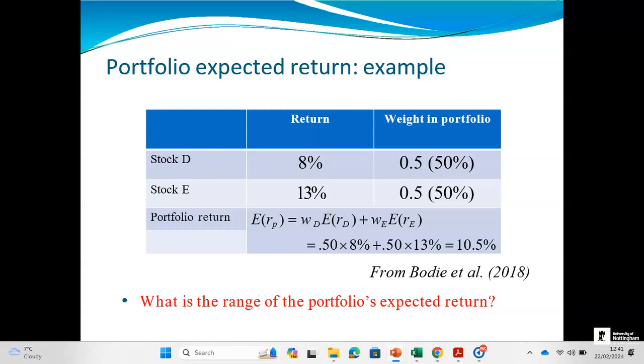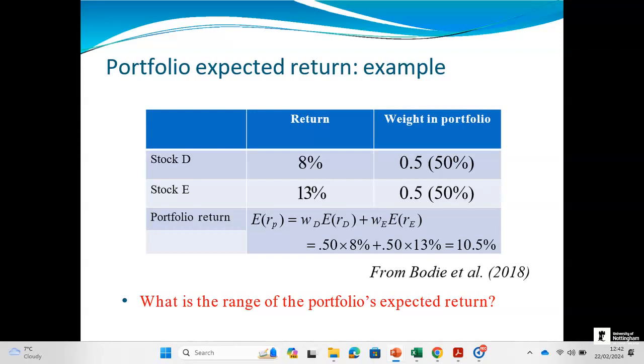You can create an enormous number of portfolios, right? How can you create an enormous number of portfolios using these two assets? By simply changing the weight, right? So you can have 1% in D and 99% in E, and then 2% in D and 98% in E, and then 14.5% in D and the remaining in E, right? So you can create a large number of portfolios, but each portfolio would have its own expected return.